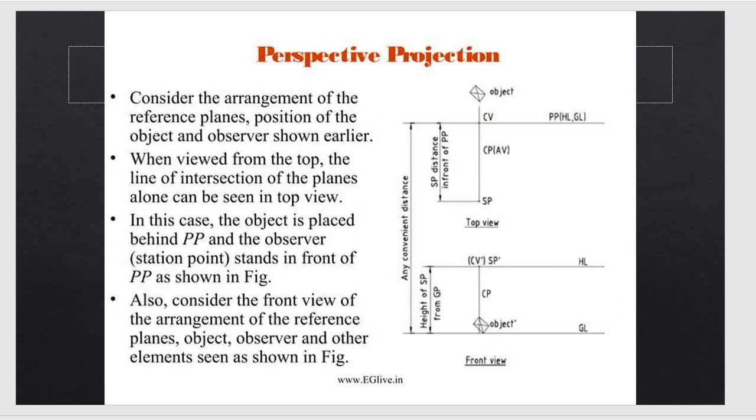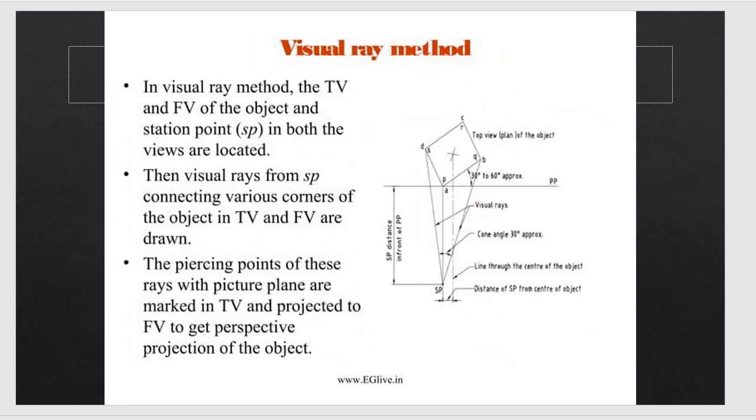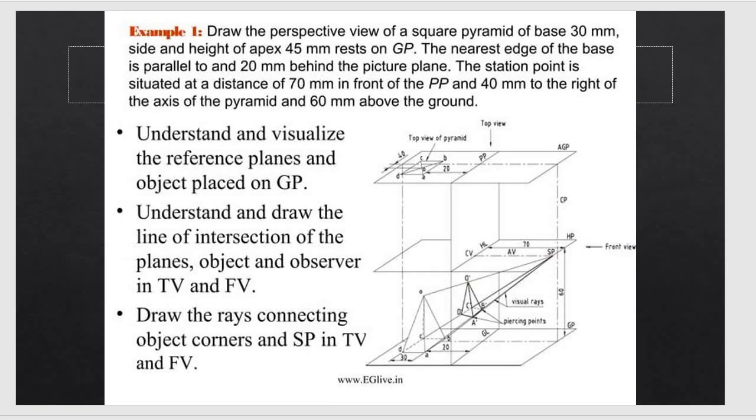We represent the perspective projection using GL as the ground line and SP as the station point. Similarly, other locations are drawn using the front view as well as the top view. This is an example representing a square by the visual ray method.